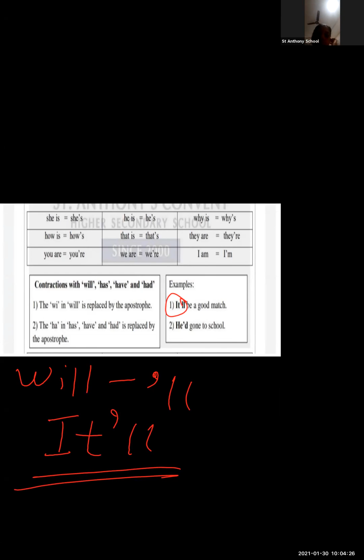But when we are doing the contraction, at that time, we replace W-I with the apostrophe and it remains double L. Apostrophe double L. It will becomes it'll. You can see over here. So we replace WI by apostrophe to make the word easier.